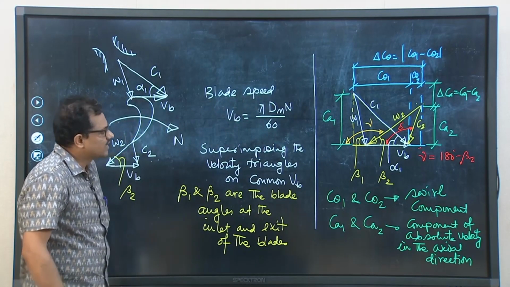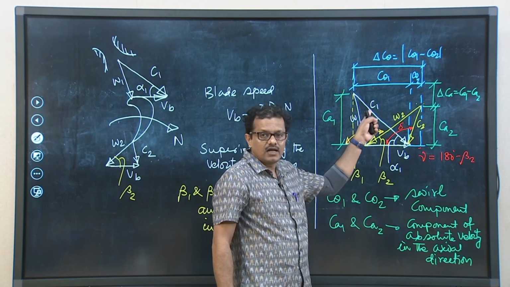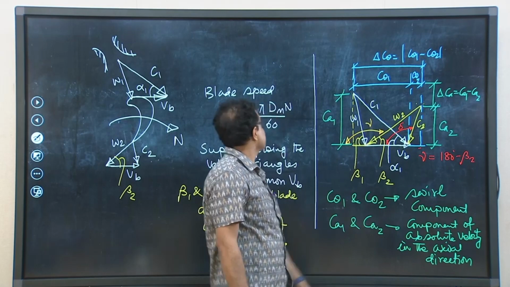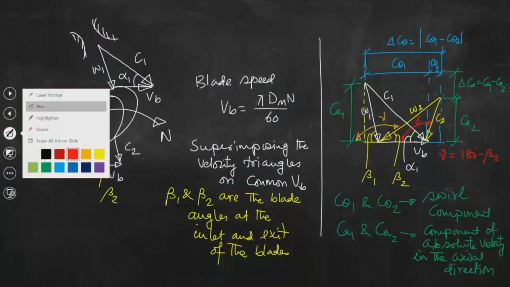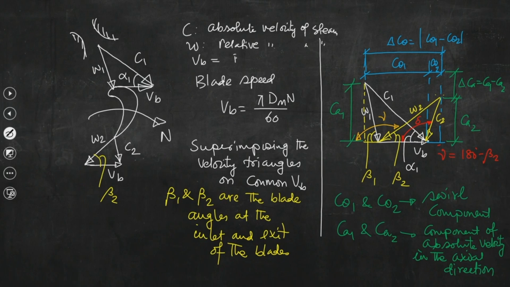With this understanding, we can identify three different velocity components: C is the absolute velocity of steam, W is the relative velocity of steam, and Vb is the blade velocity.